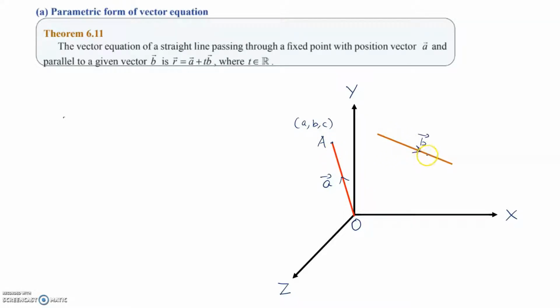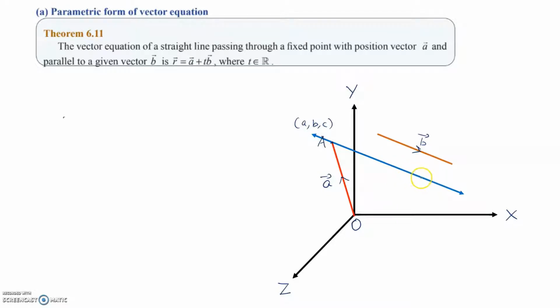Now we're going to draw a line which is parallel to vector B, and it's going to pass through A. So that's our line.